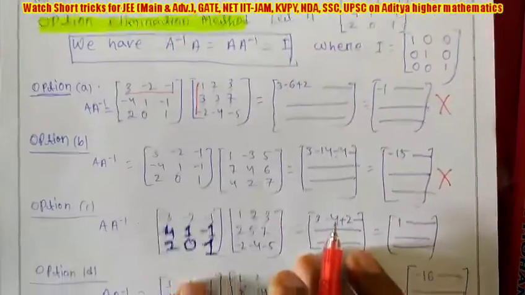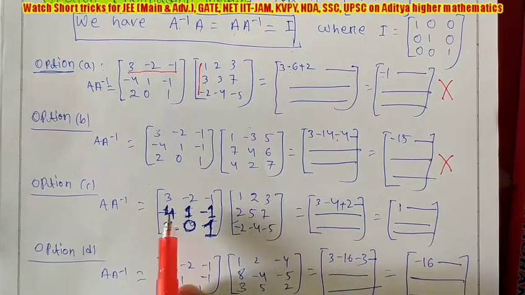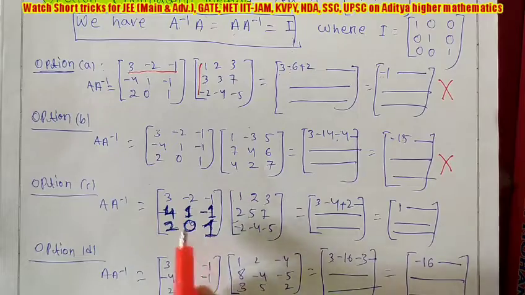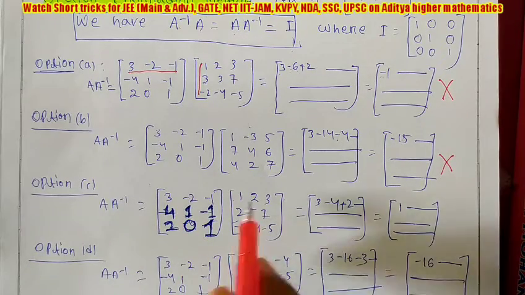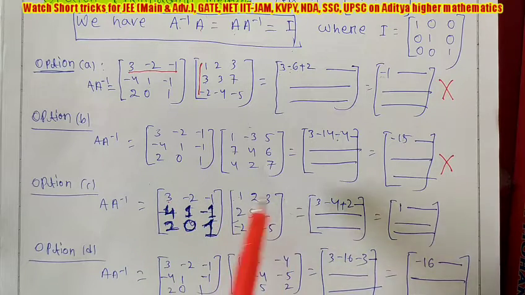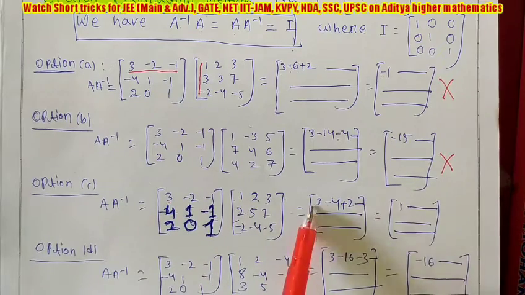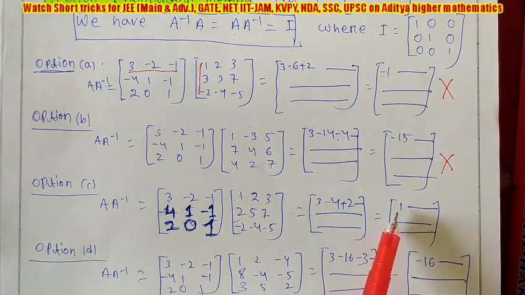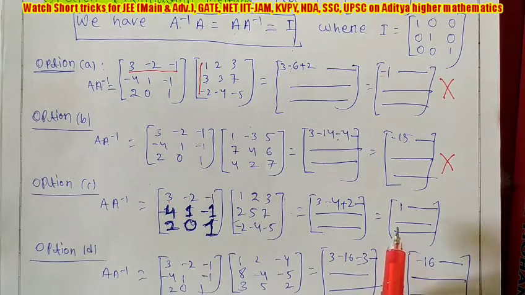Next we will see option C. 3 minus 2 minus 1, that is the question given, right, and A inverse. Now multiply. 3 times 1, minus 2 times 2, minus 4, and minus 1 times minus 2 plus 2. 3 plus 2 is 5, minus 4 is 1. Yes, we are getting 1, but don't say yet whether this is correct or wrong.